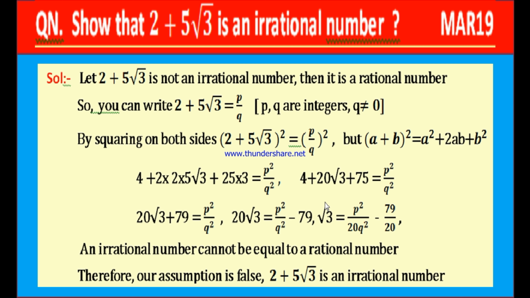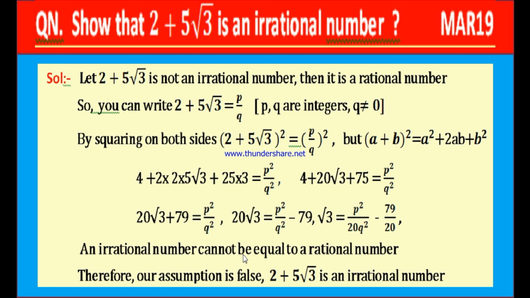Now if you observe, we know that root 3 is an irrational number, whereas p square by 20 q square is a rational number, and 79 by 20 is also a rational number. Now rational number minus rational number, you will get a rational number. Now if you observe this equation, at LHS we find an irrational number, and at RHS we find a rational number.